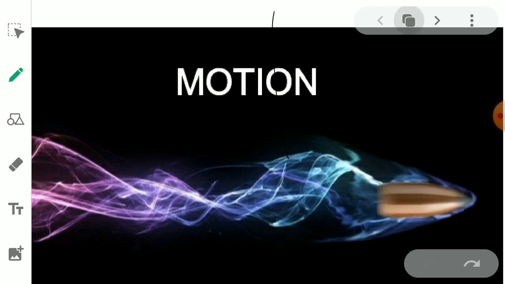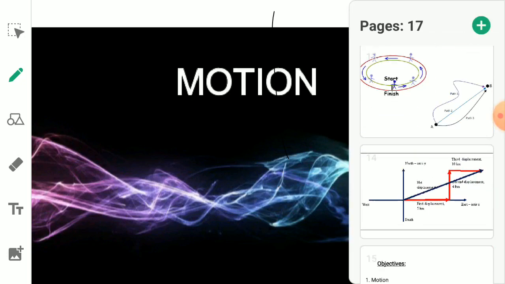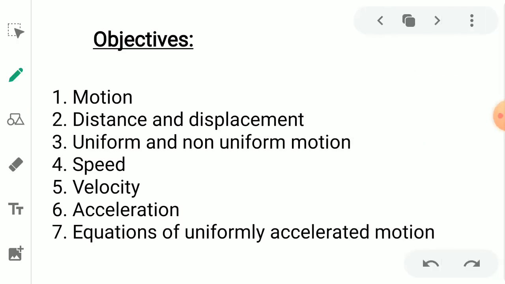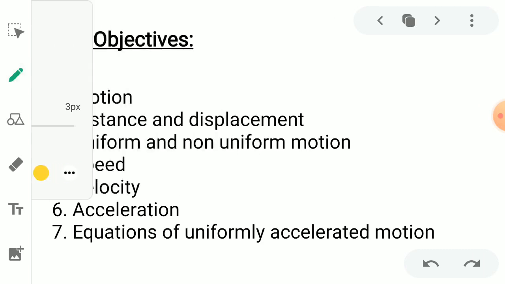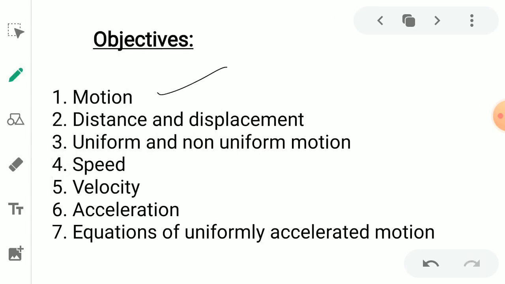we will see what the learning objectives are, what the content of this chapter is, and what we will understand by this chapter. Okay, so see here, the first topic that we have to understand is motion. It means we have to understand the meaning of motion and the different types of motion.